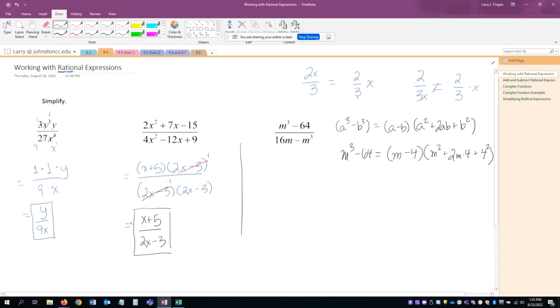So everywhere there's an a, I'm putting an m. Everywhere there's a b, I'm putting a 4. That cleans up a little bit. M squared plus 4m plus 16. Now, that is my numerator. Okay. How about the denominator?